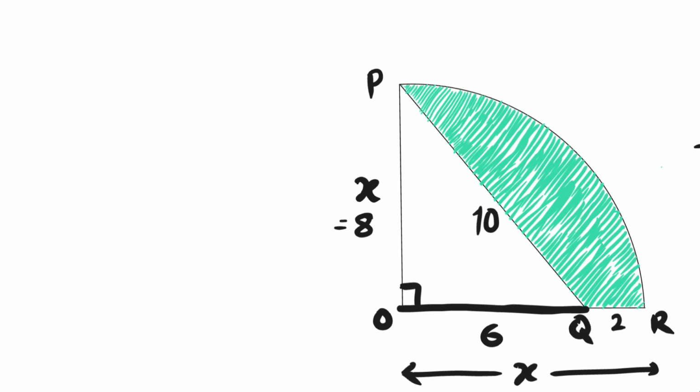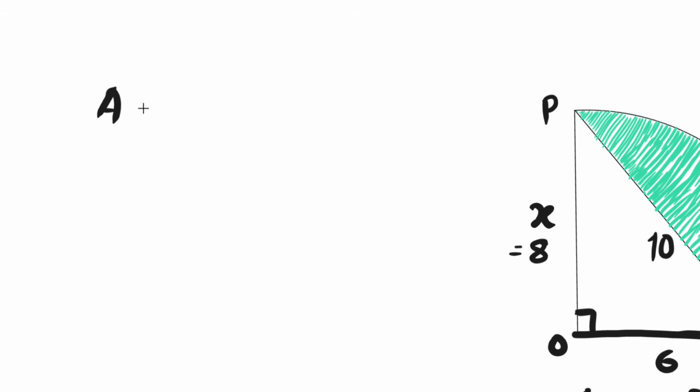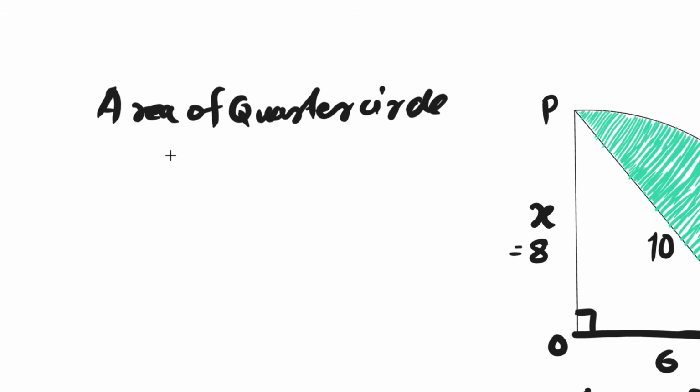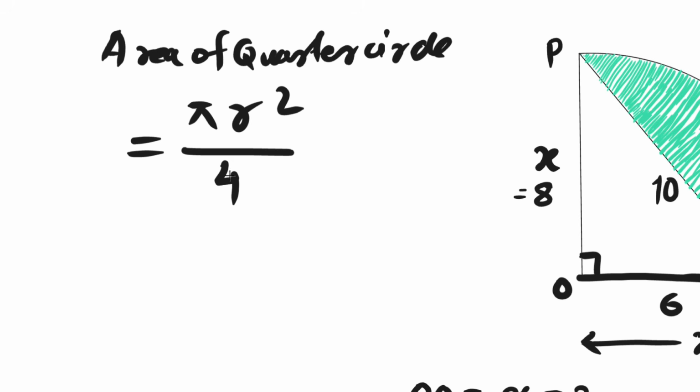Let's calculate each piece separately. First, let's find the area of the quarter circle. Recall that the area of a full circle is pi r squared. Since we only have 1/4 of a circle, we divide by 4. Therefore, the area of the quarter circle equals pi r squared divided by 4.